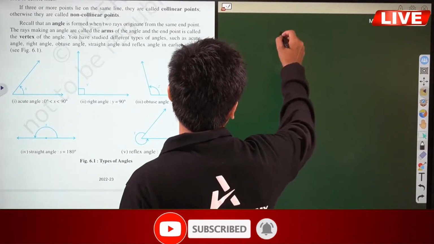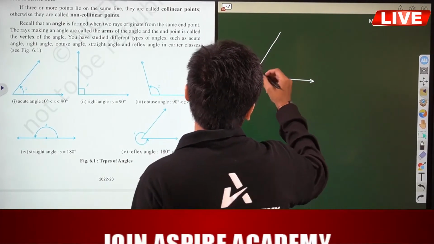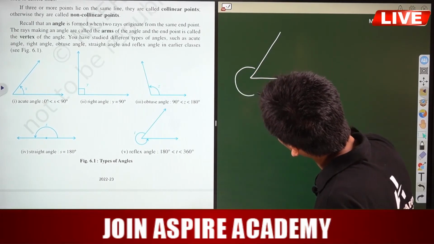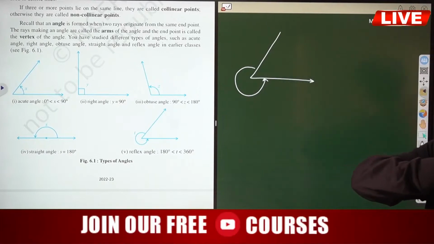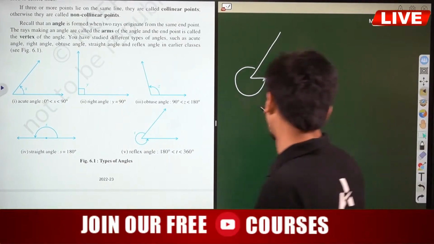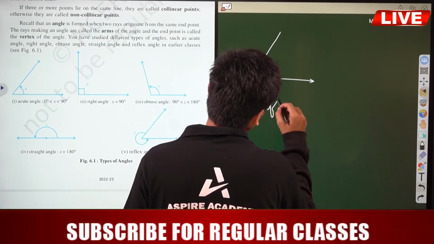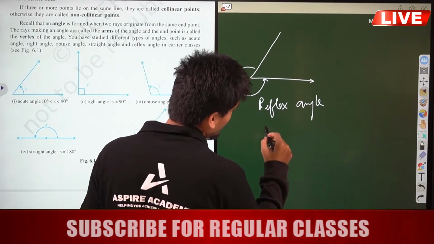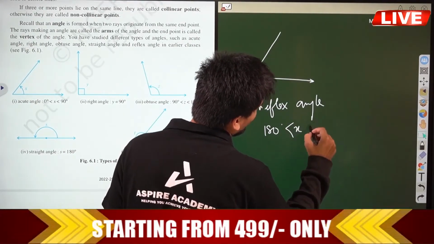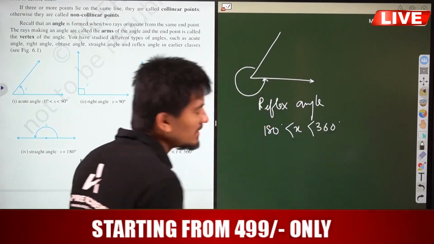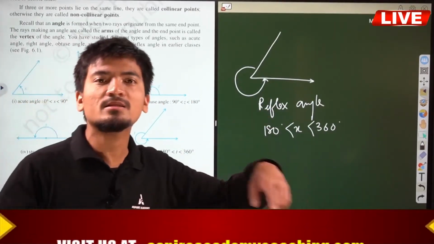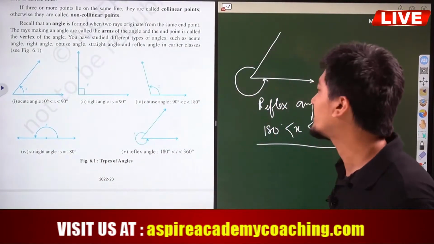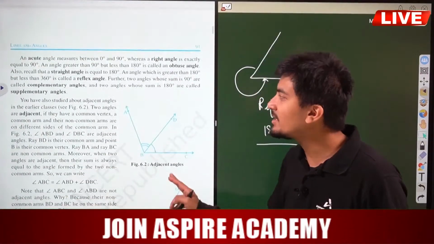So that means if this line goes on like this and gives a whole turn, then it is known as a reflex angle, right? And a reflex angle is always greater than 180 degrees but less than 360 degrees. If it makes 360 degrees, then it is a circle, right? So a reflex angle is always greater than 180 degrees and less than 360 degrees.